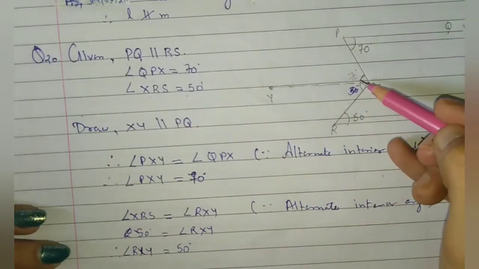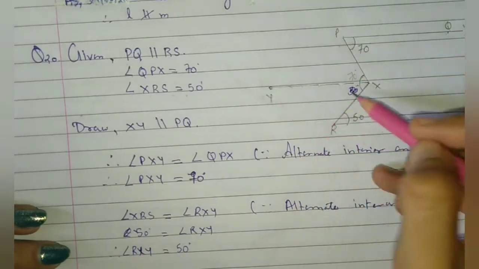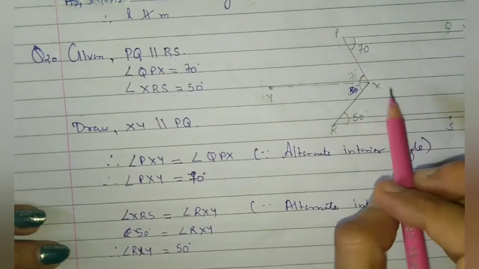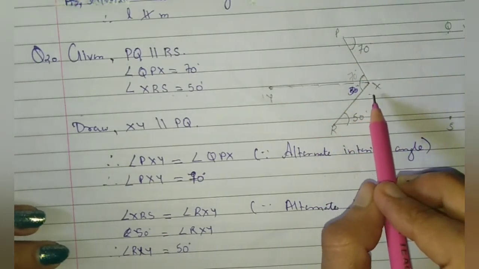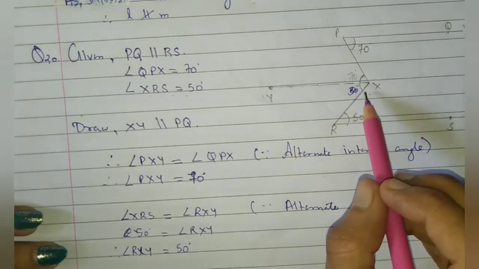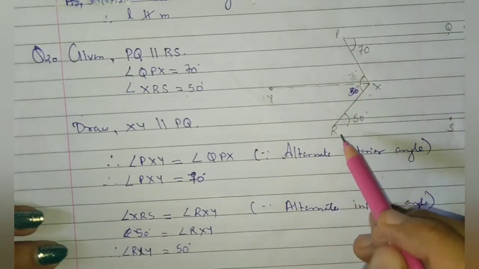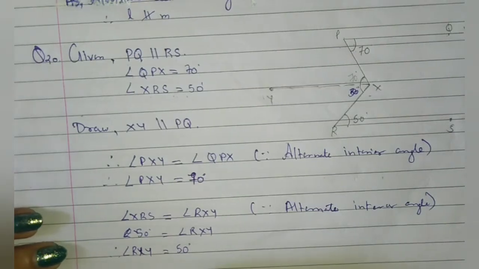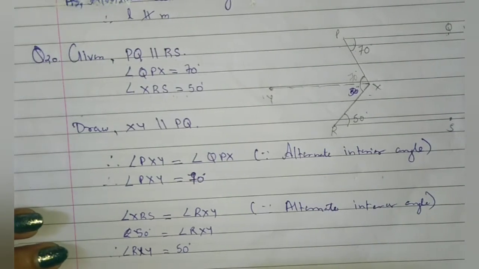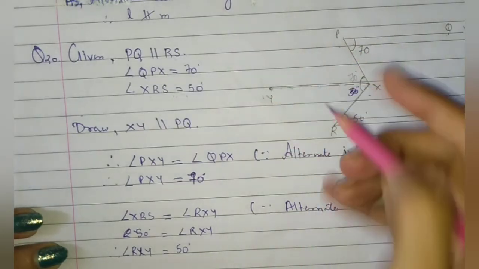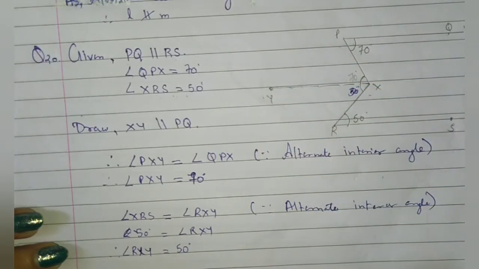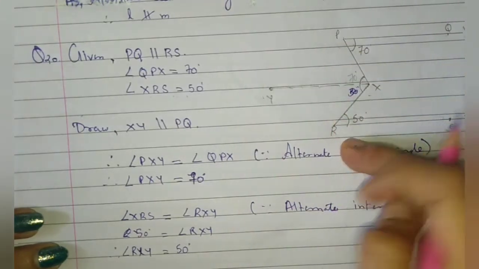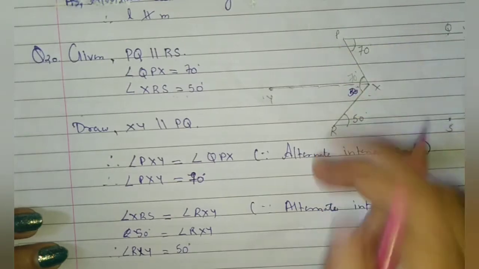Now we got the value of these two angles. Now we have to find angle x, the whole angle, that is PXR. So we can write that angle PXR equal to these two angles, that is angle PXY plus angle RXY. So if we add these two angles, we get angle PXR.